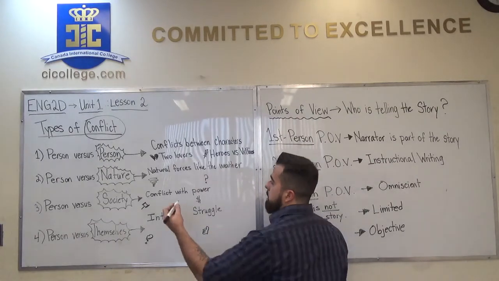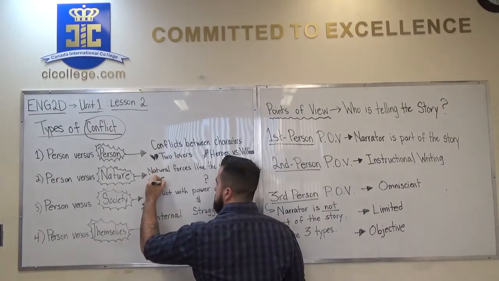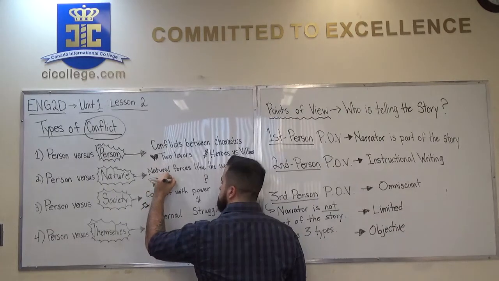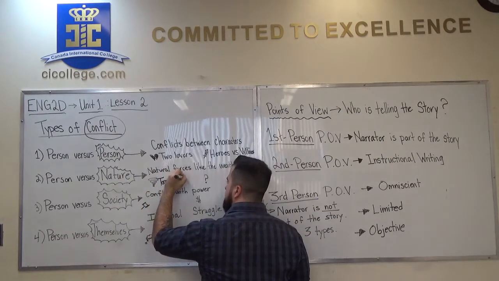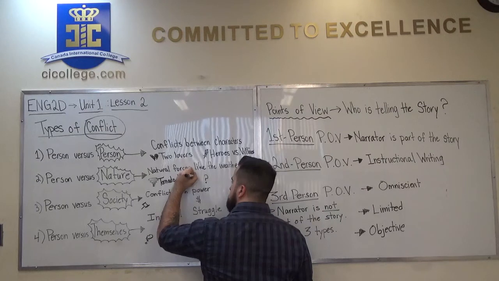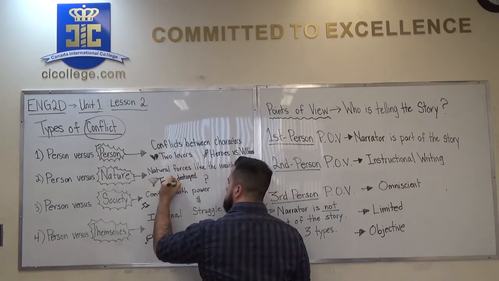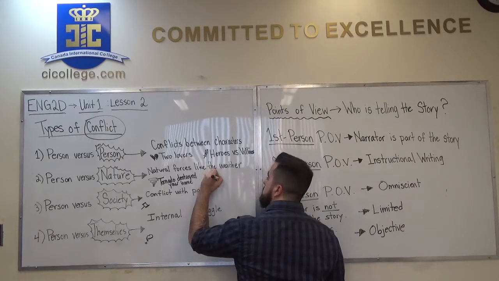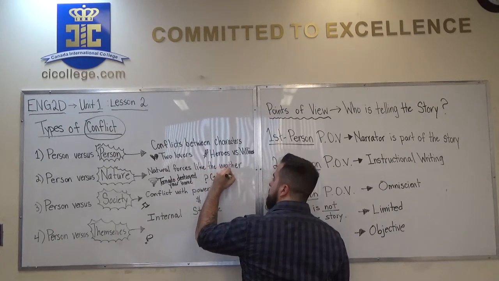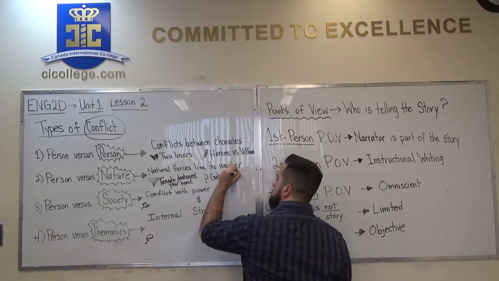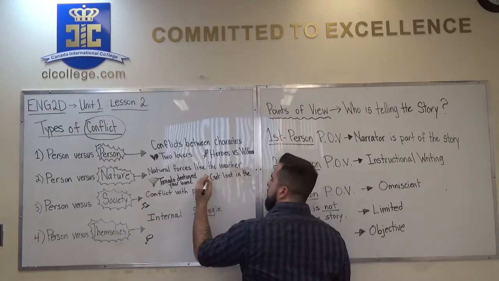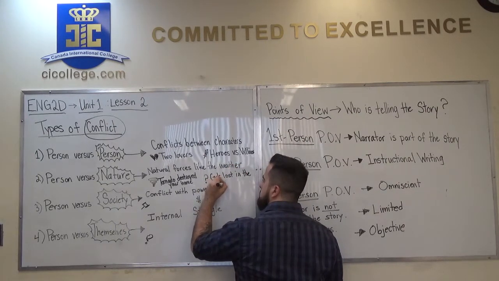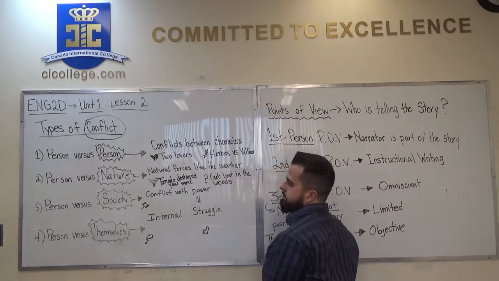For example, if a tornado destroyed your home, that would be a type of conflict. Or maybe you get lost in the woods and you have to find your way back. Those are when characters interact with nature.